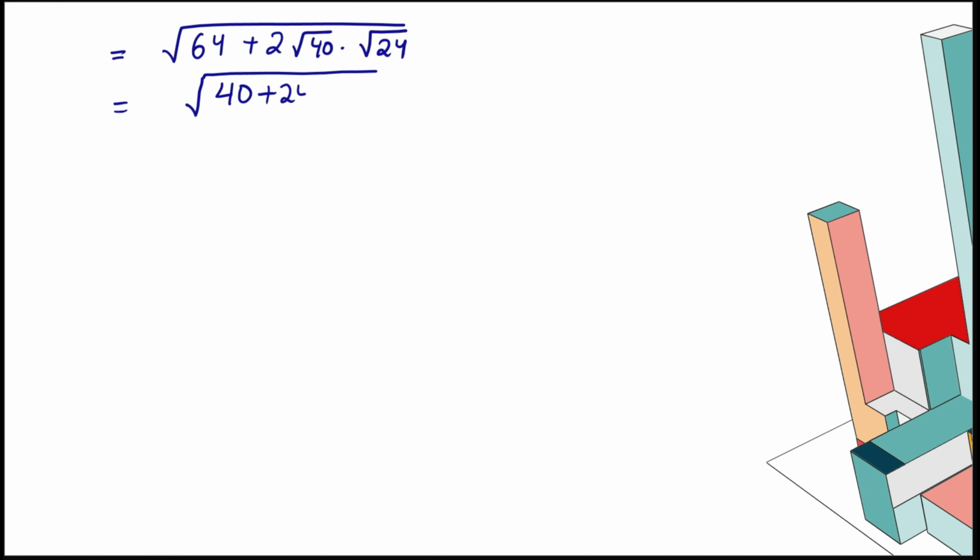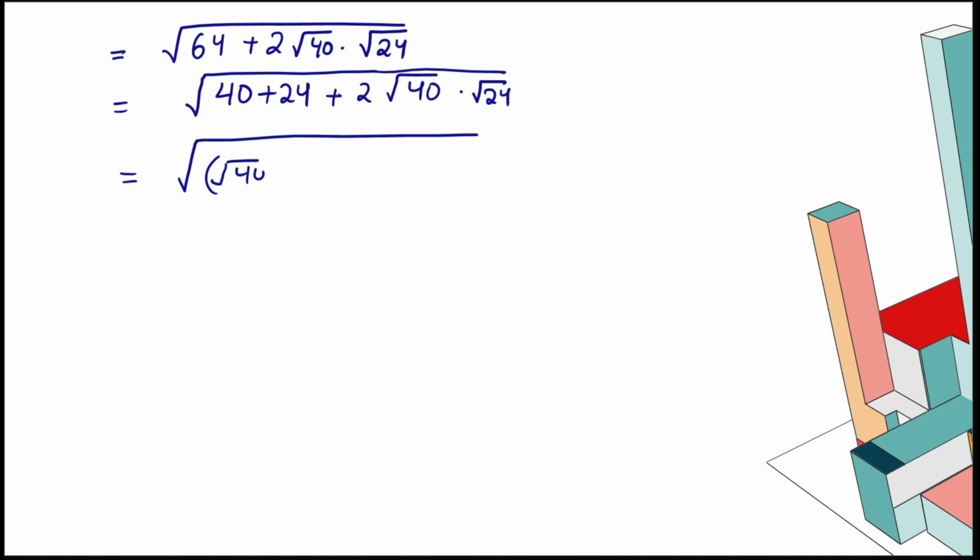So in the next step, I can write 64 as 40 plus 24, because 40 plus 24 is 64, and we already have plus 2 square root of 40 times square root of 24. Coming to the next, you can write 40 as square root of 40 whole square plus square root of 24 whole square plus 2 square root of 40 times square root of 24.